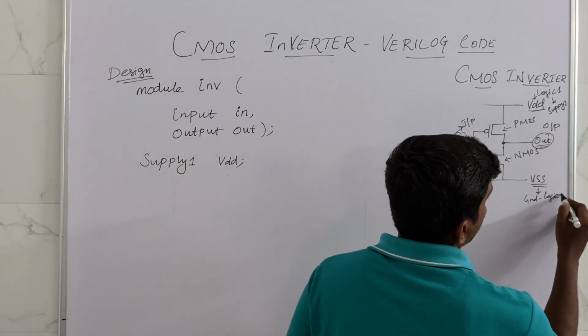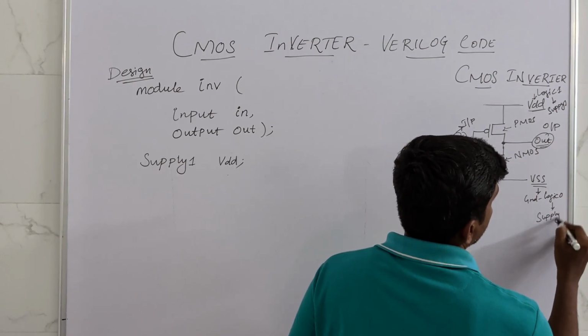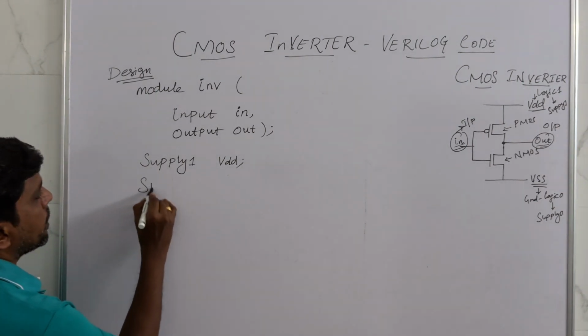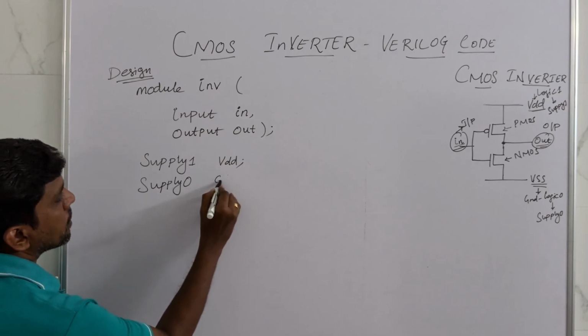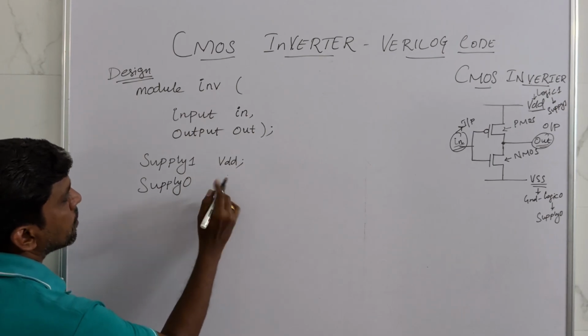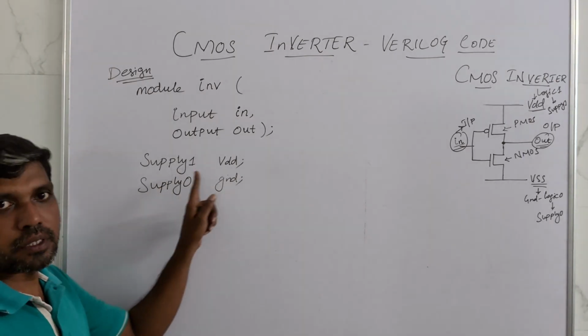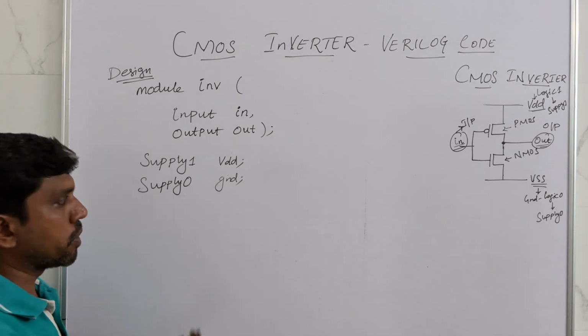It's logic 0, so it is represented by supply0. Supply0 represents ground, and supply1 represents VDD. So it's a switch level model program.